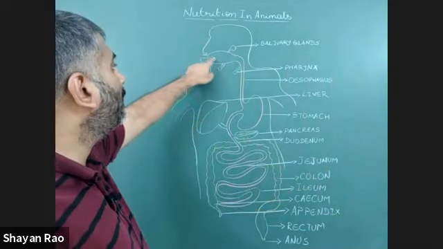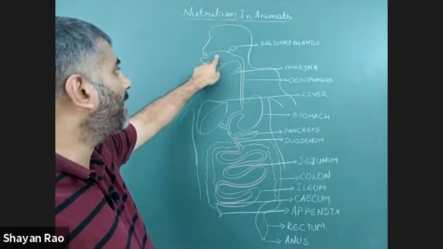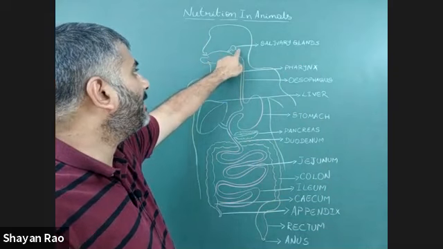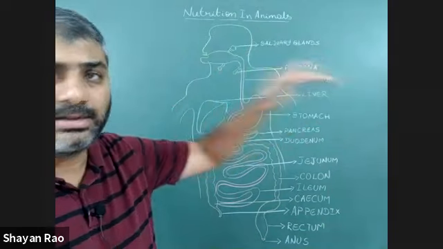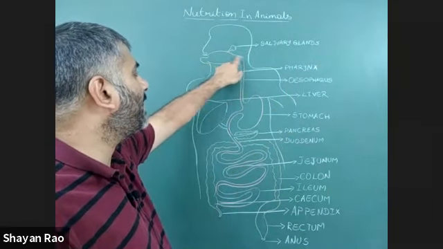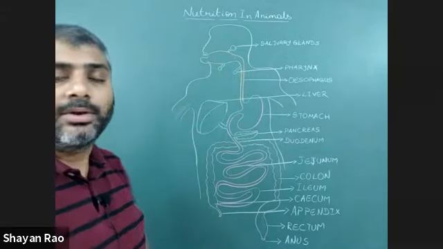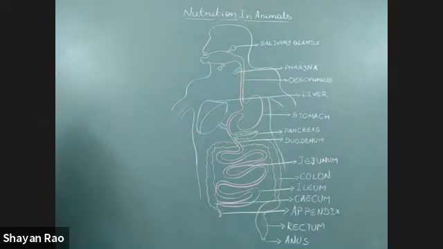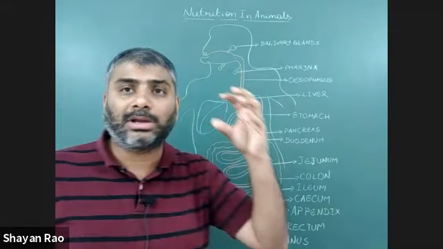Last class we understood this. The alimentary canal has the mouth with a buccal cavity, and the buccal cavity has salivary glands. There are 3 salivary glands, which we'll understand in the next part. Then the buccal cavity moves down to form a long tube-like structure, which we call the esophagus. The esophagus is very important because it helps in pushing the food.